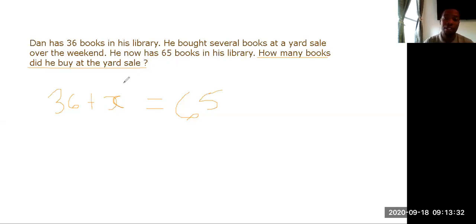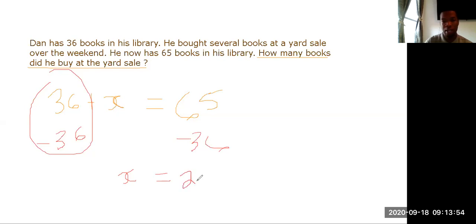Now I need to solve this equation the way we normally do. Since it's a positive 36, I'm going to minus 36, and whatever you do on one side, you have to do on the other side. So x, and this right here is 0. X is equal to 29.